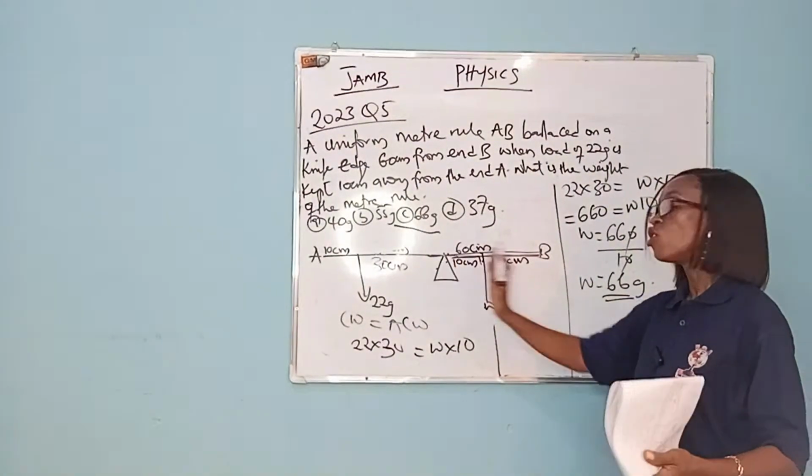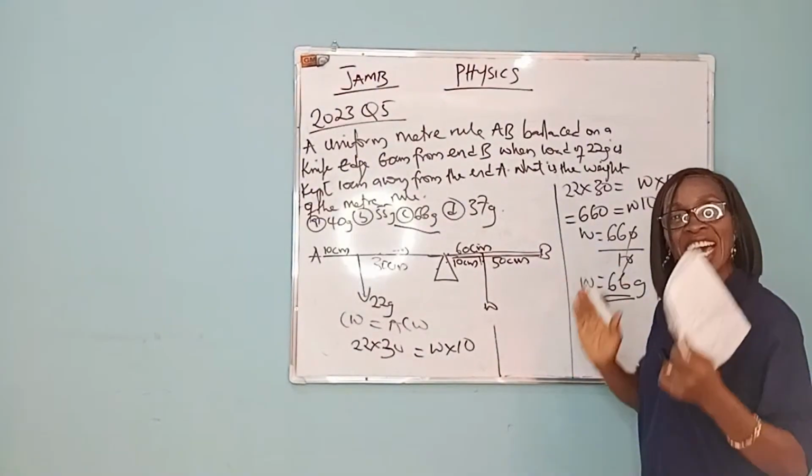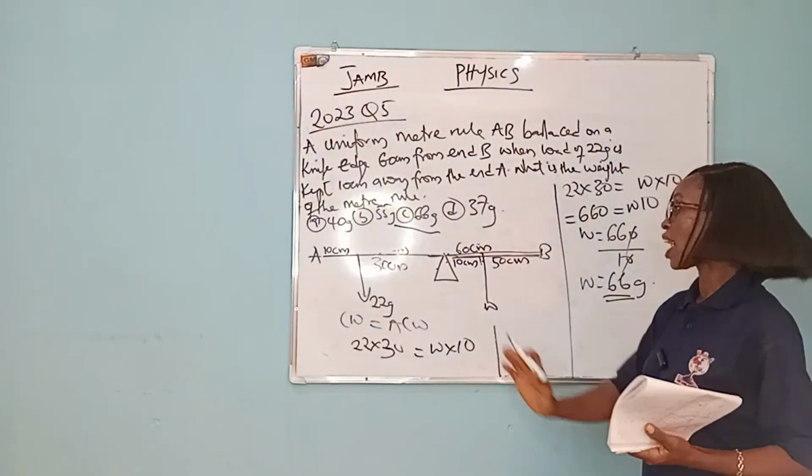Remember, the knife edge is not exactly at the 50 centimeter point. It's at 60.